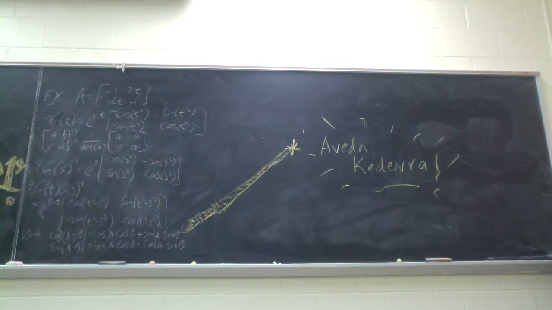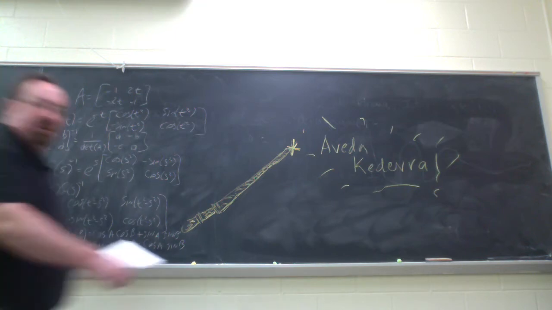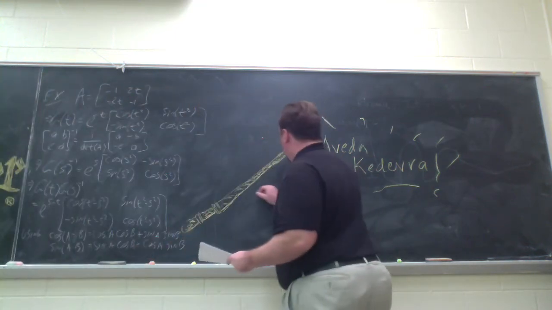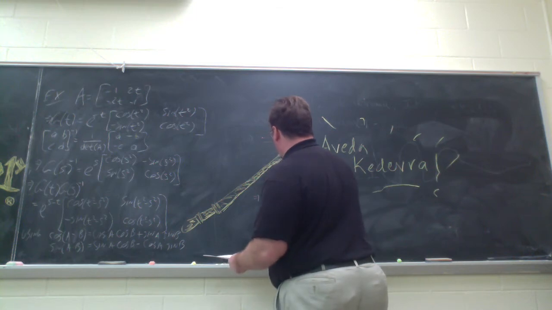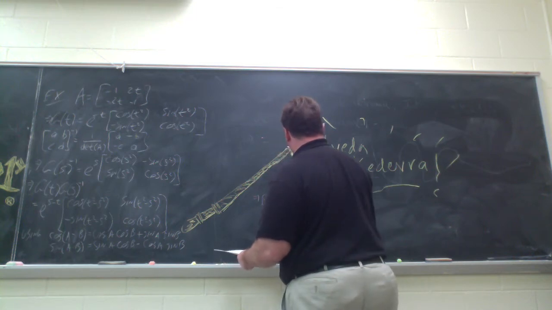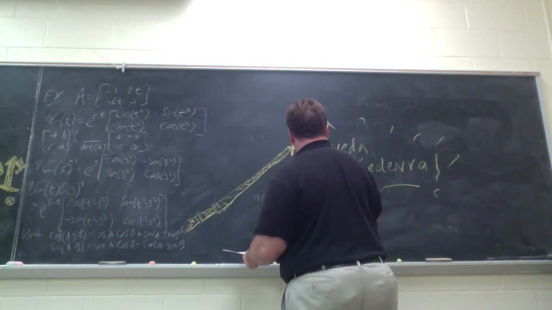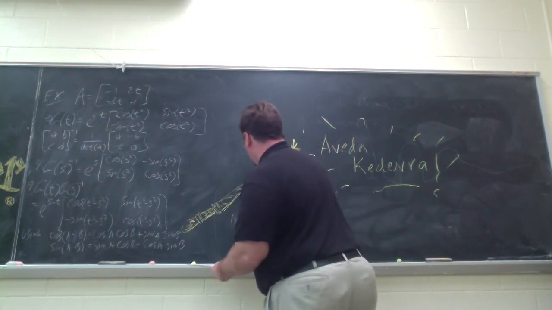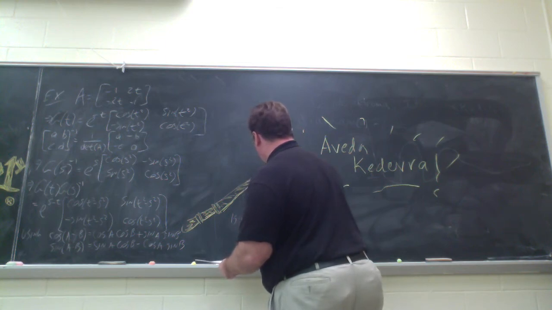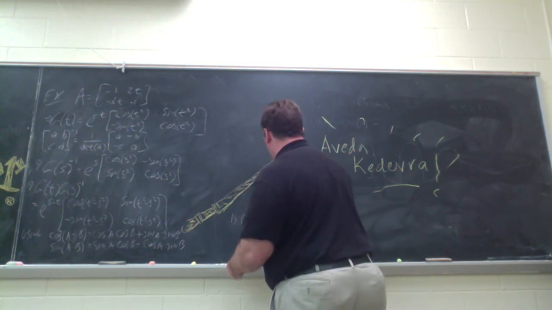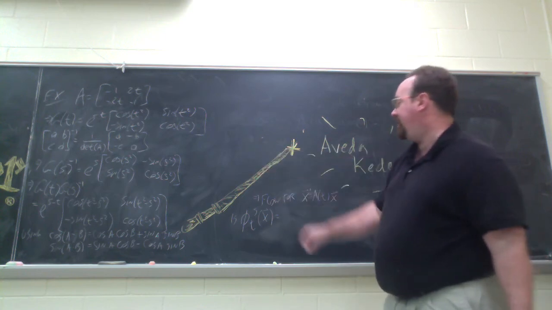Okay. So then what you can do for the flow for the homogeneous system, x prime equals A of t x, is just going to be equal to that matrix.